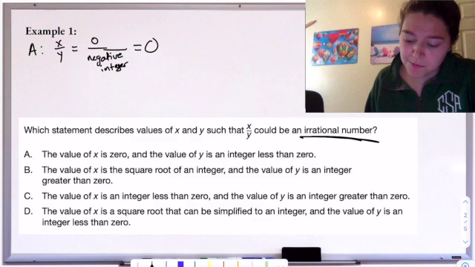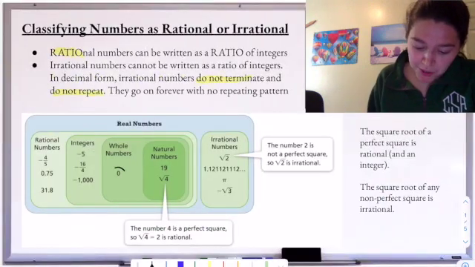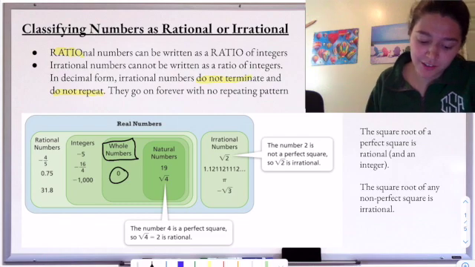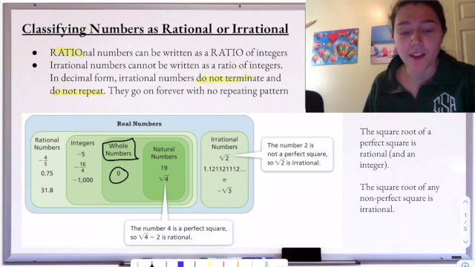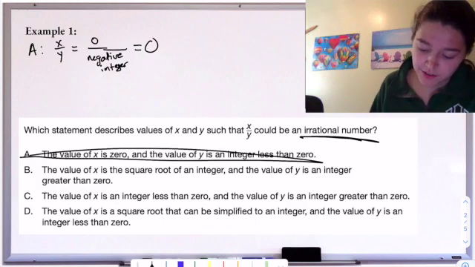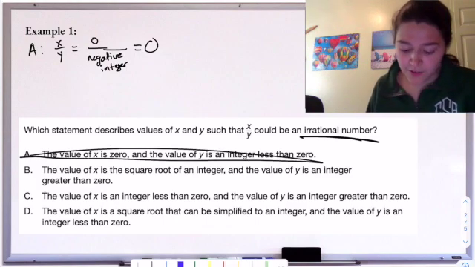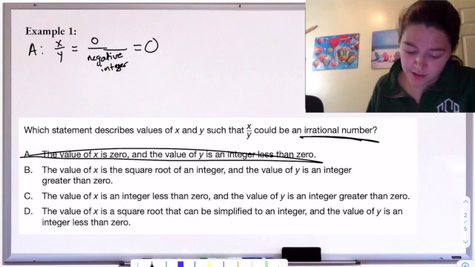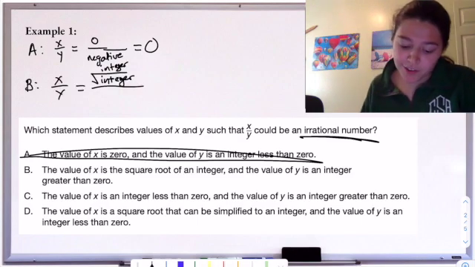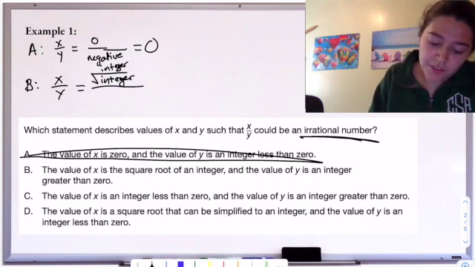And what type of number is 0? It's very much a rational number. It's a whole number, so it's an integer, so it's a rational number. Okay, so that cannot be it, so A is out. B says the value of x is the square root of an integer, and the value of y is a positive integer, an integer greater than 0.